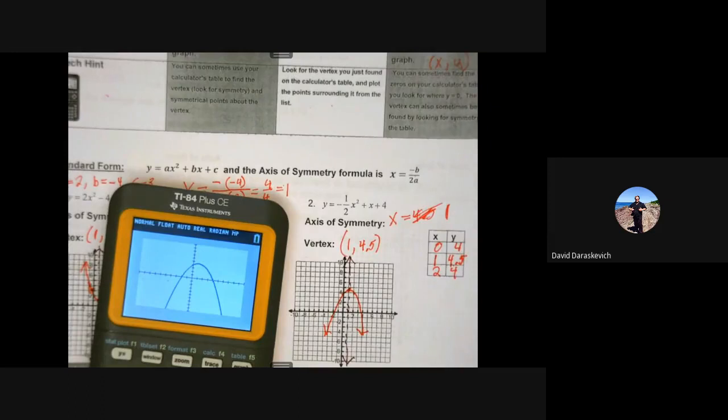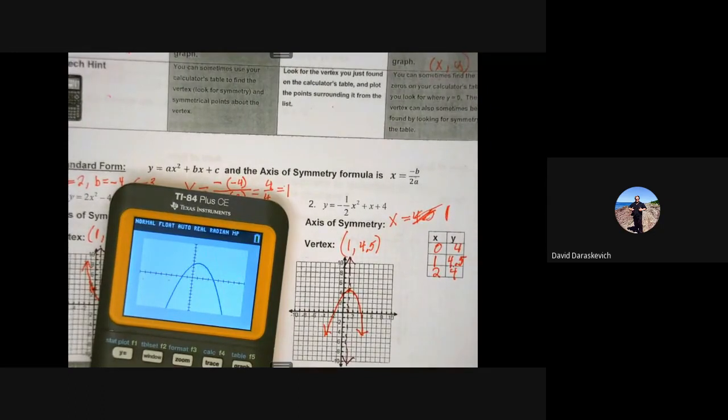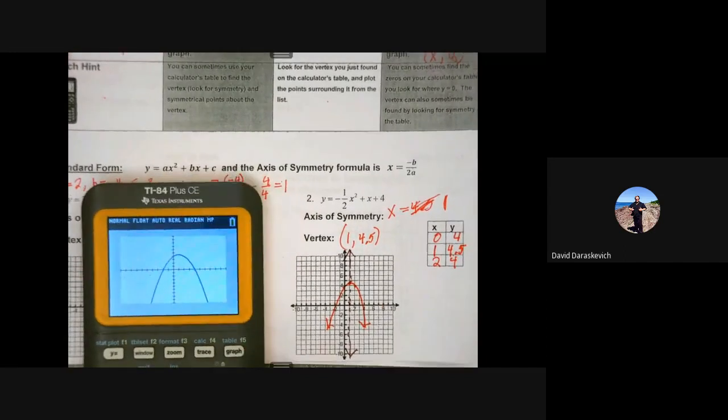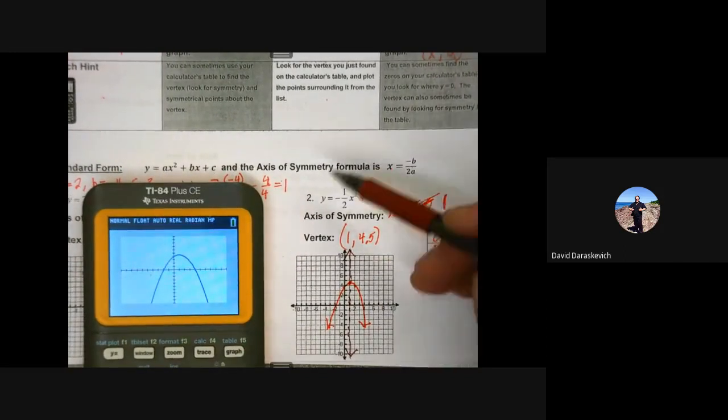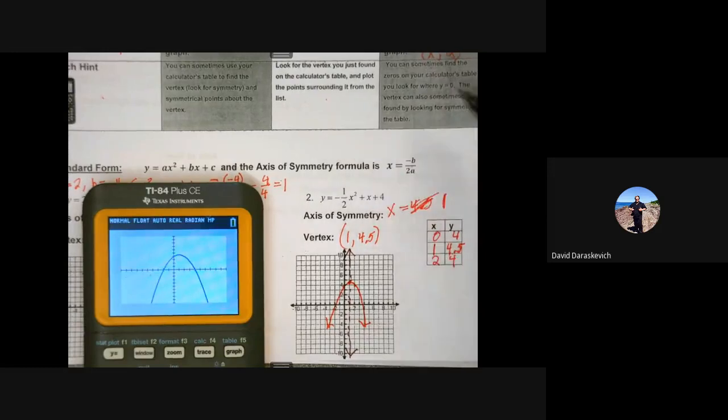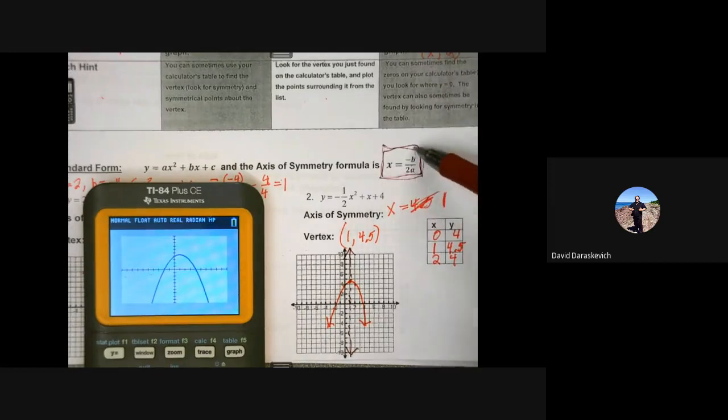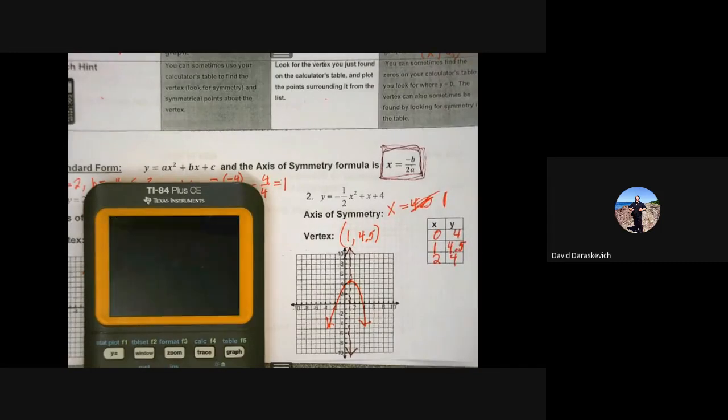Okay. The only thing is you got to be careful because some tests or quizzes, when they're asking for this formula, sometimes they want that work shown. We didn't actually do that. We did it from the calculator.